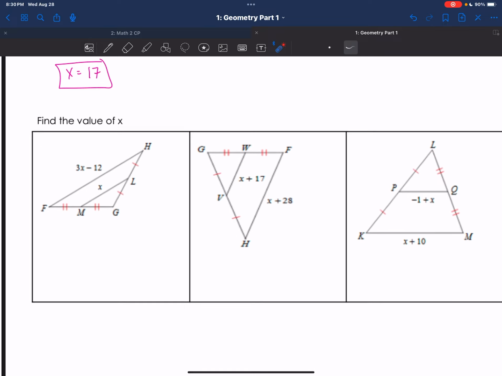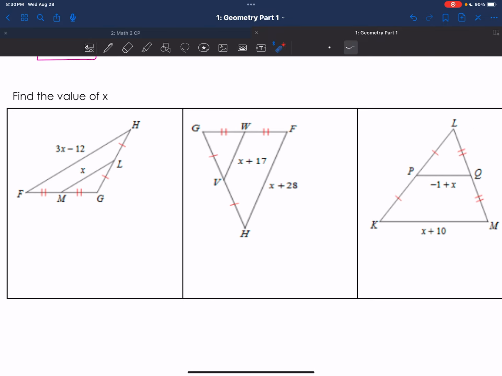And now let's look down here at these other ones. Same idea, but we're throwing some variables in there. Since this is the same as that, and this is the same as that, we know this is the mid-segment. So this would be your DE, and you need two of those to equal one of those.